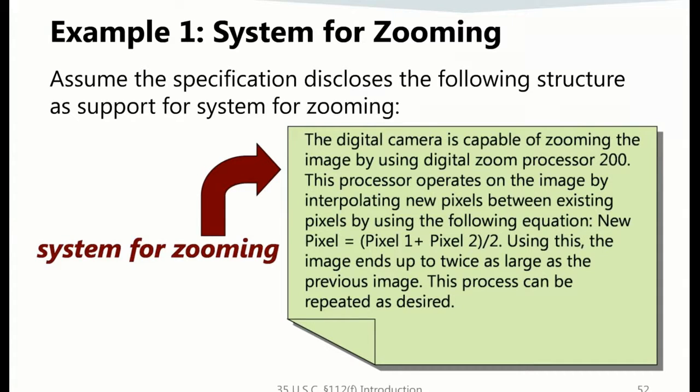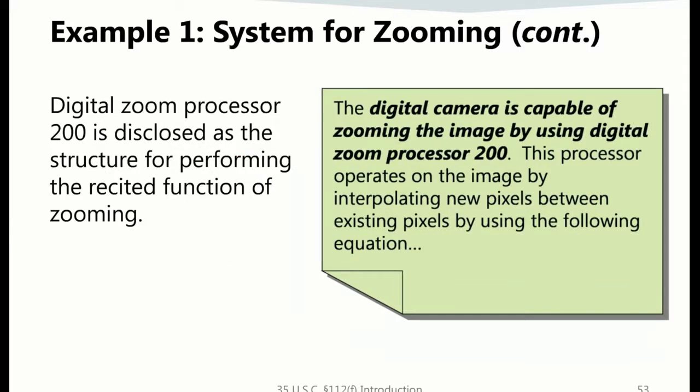Since the specification provides the algorithm equation for performing the function of zooming by the processor, there is sufficient structure provided in the disclosure to perform the function recited in the claim. Hence, the specification meets the requirements of 112(b). Thus, Digital Zoom Processor 200 is the structure corresponding to the system for zooming limitation.